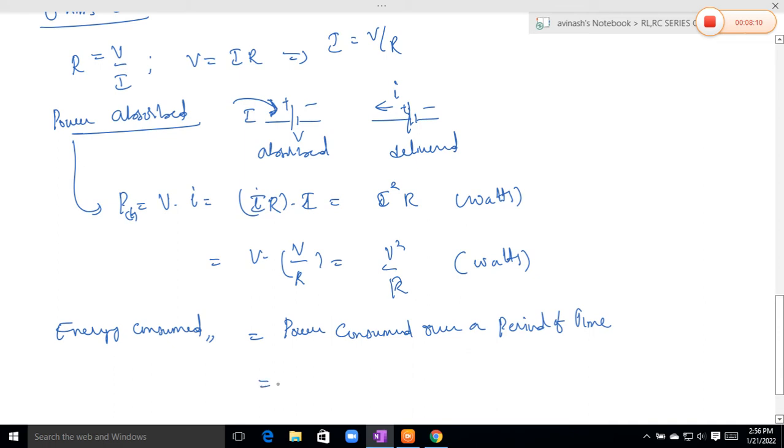That implies integration from minus infinity to t of p of t dt.